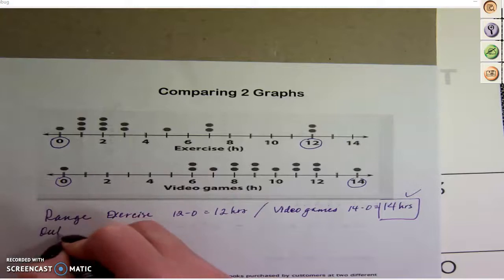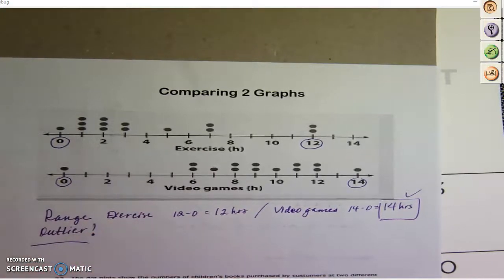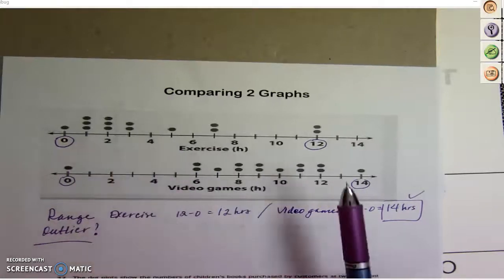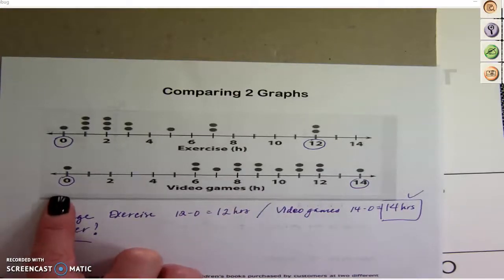One of the other questions you could be asked is about outliers. An outlier is a very unique part of your data that is usually sitting very much separated from the rest of the values. So both of these graphs don't have a consistent presence for each little data point right here, but in this video game graph, let's take a look at this.